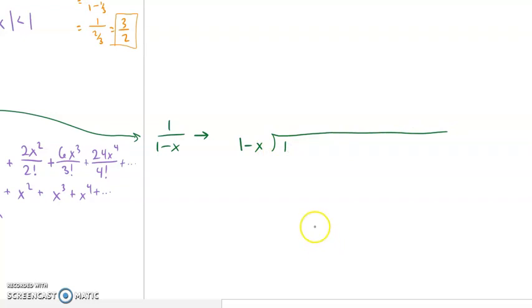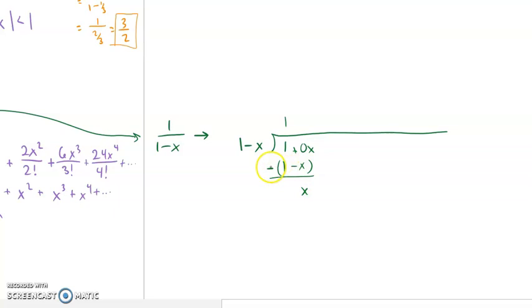Because we've got our degree 0 first and our degree 1 second, but we're kind of used to seeing our degrees grow in this section, right? So 1 times what gives us 1? Of course, that's 1. So I'm going to multiply 1 times 1 minus x. I'm going to subtract. I've got 0 x's to subtract a -1x from. Well, 0 minus -1 is 1.